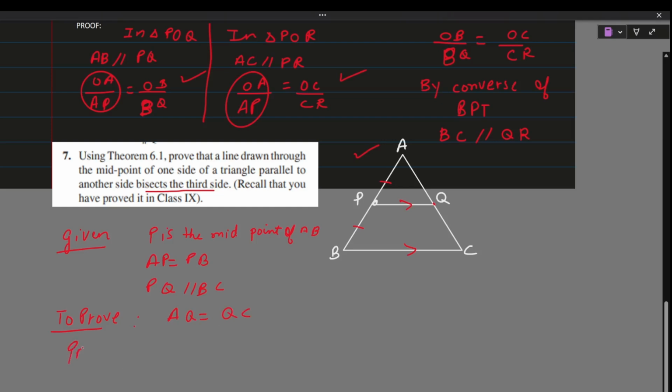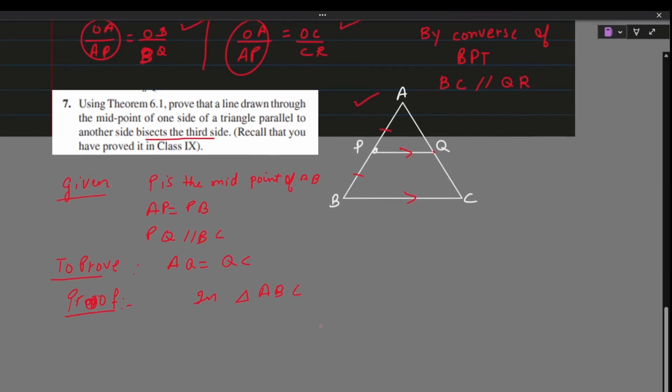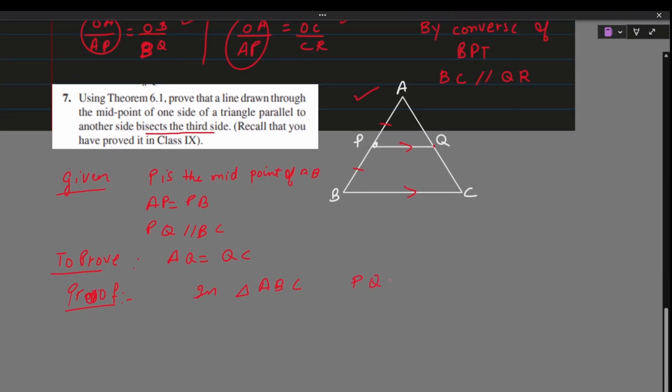To prove it, we will be using the BPT theorem. In triangle ABC, it's already given that PQ is parallel to BC. So by using BPT, we can say that AP by PB will be equal to AQ by QC.